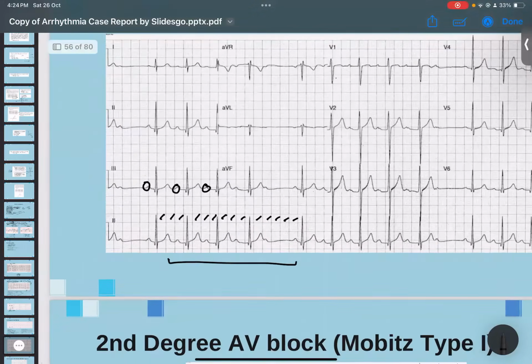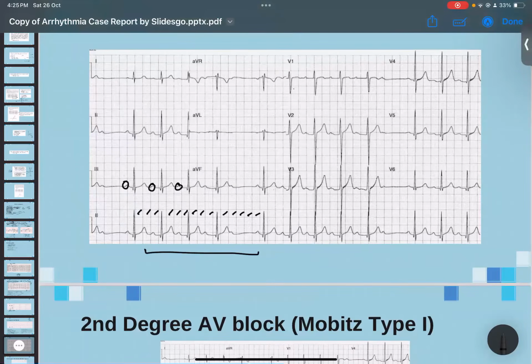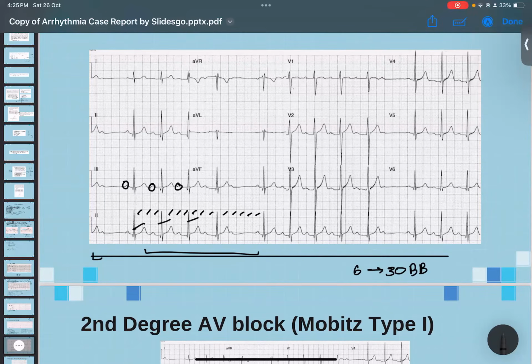And because they're not equal to one another, it's much more difficult to determine the heart rate. In that case, what you want to do is check for 6 seconds on the ECG strip, okay? And 6 seconds is roughly equal to 30 big boxes. So you want to check for at least 30 big boxes, and check for the contractions happening in those 30 big boxes.